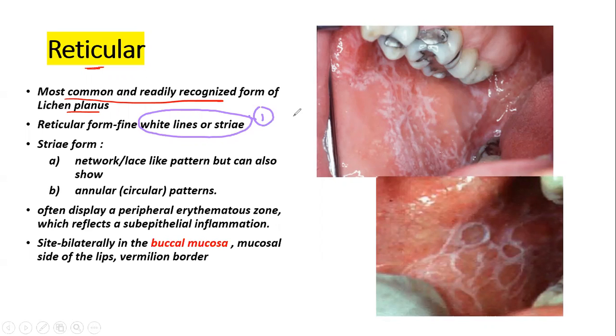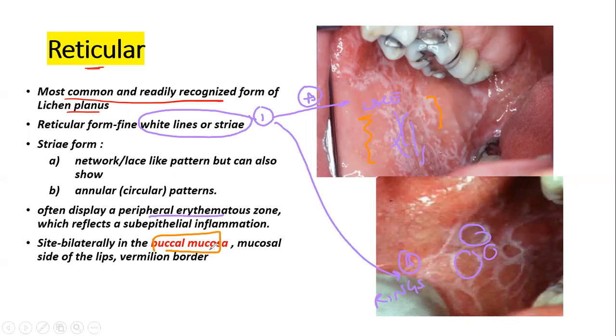So you have white elevated lines or striae, which may be in the form of lace or a network pattern, or it may be in the form of rings, like so. So here you have rings, and here you have a network-like pattern. They often display a peripheral erythematous zone and are located bilaterally in the buccal mucosa.